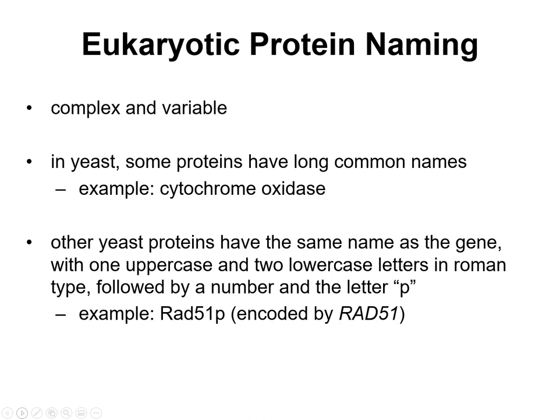So for example, there's the RAD51 gene, and notice that it is in all italics, capital letters, and then the protein, you just have the one capital letter, there's no italics, and the letter P follows it to say this is the protein, y'all.